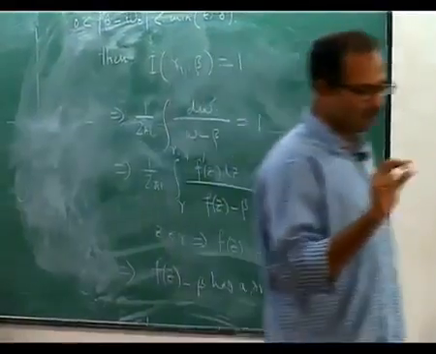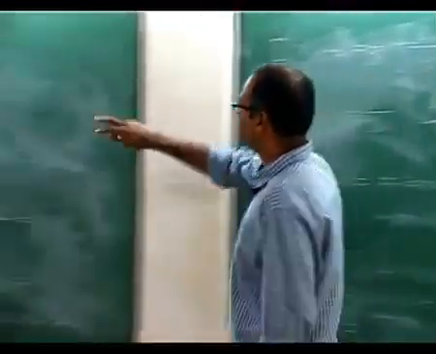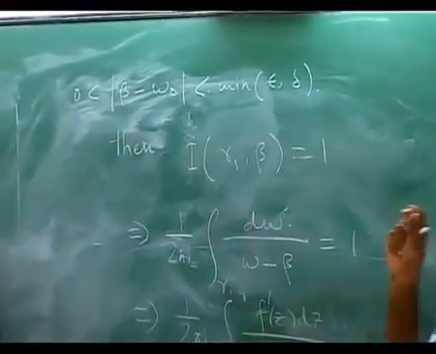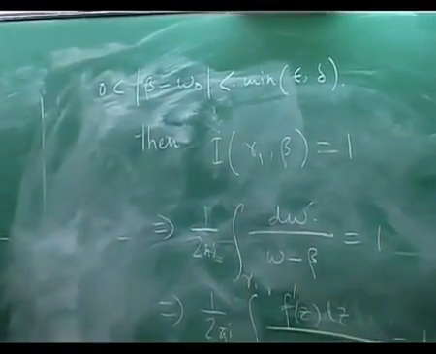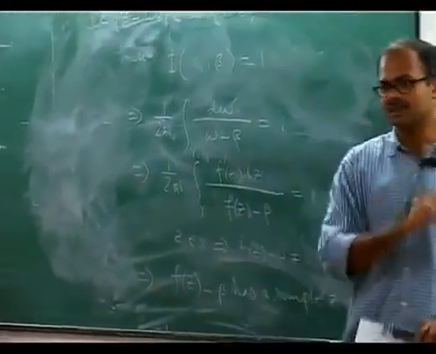So whatever beta we take in that small disk, it takes that value in that small disk. So we found a small disk around W naught where f takes every value exactly once.